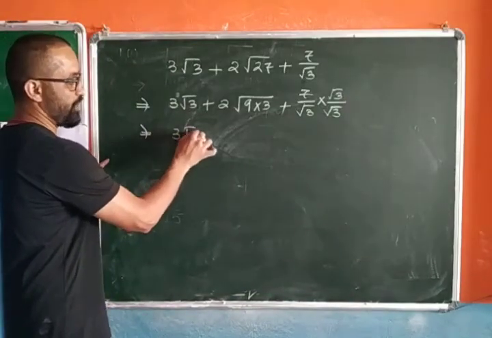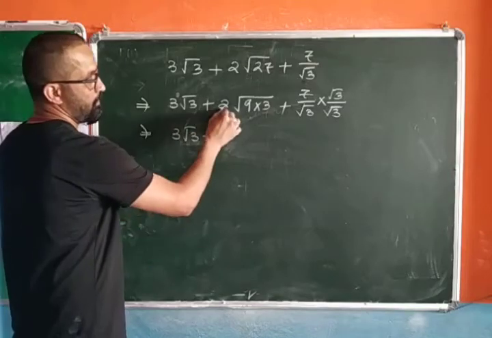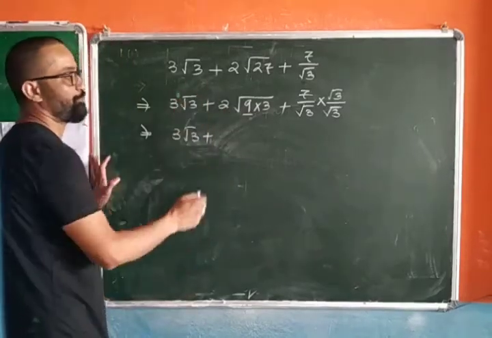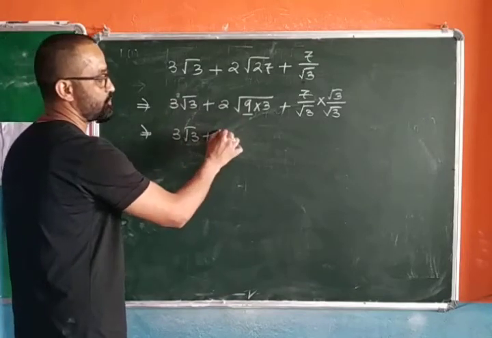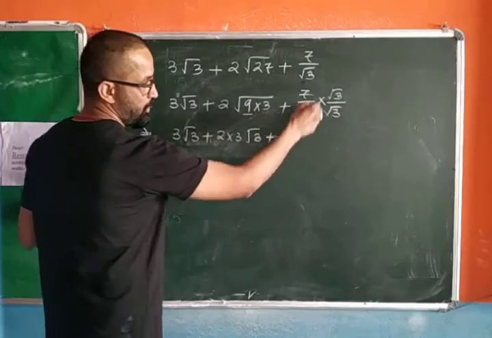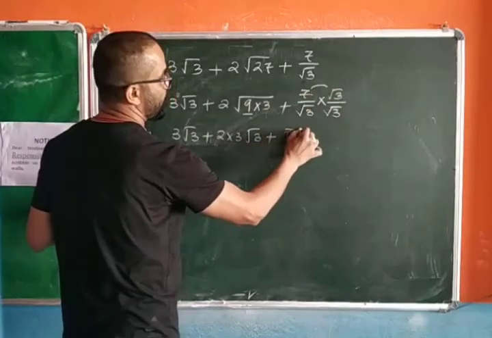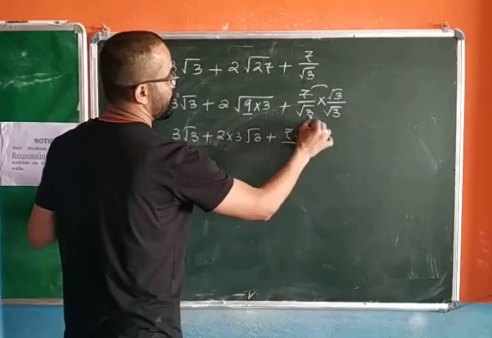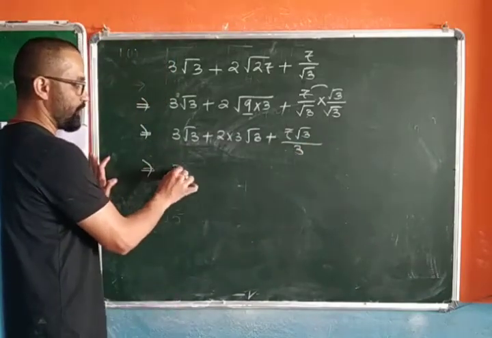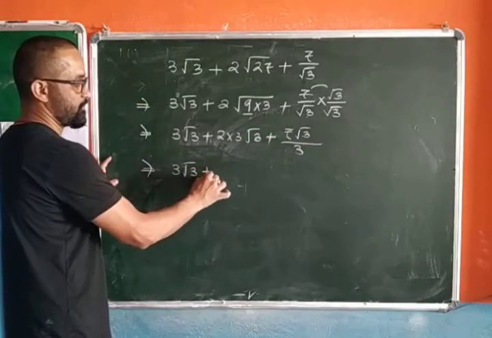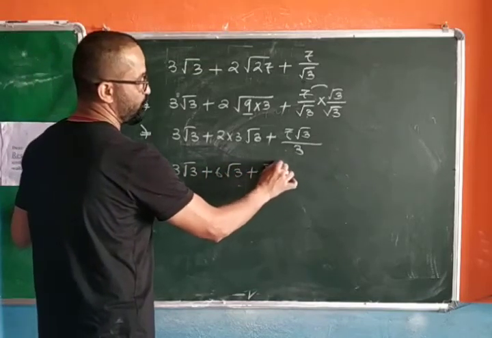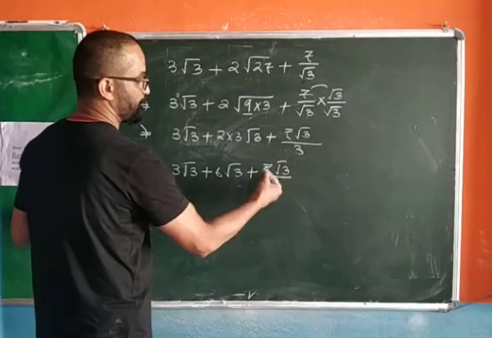3 root 3 plus. You have a perfect square number under root. Square root of 9 is 3. 2 into 3 root 3 plus. Multiply the numerator, you get 7 root 3. Denominator, you get 3. So we get 3 root 3 plus 6 root 3 plus 7 root 3 divided by 3.